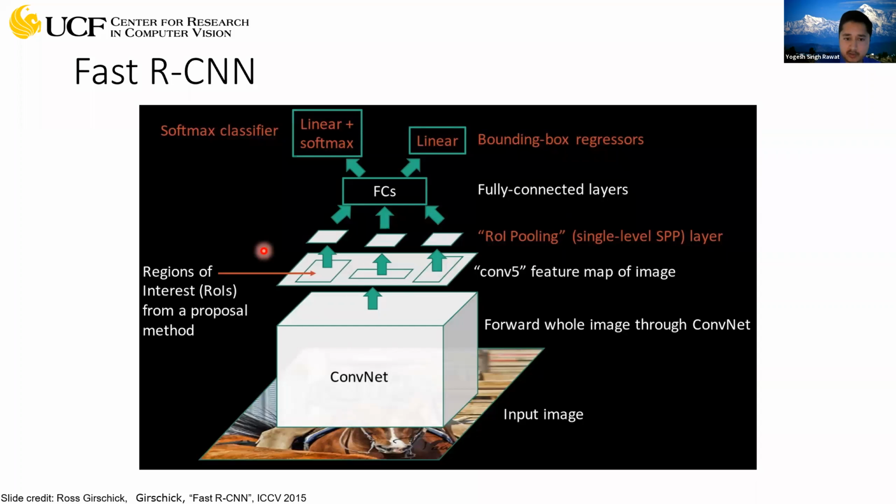So instead of doing this step on the image, we do this on the feature map. So this saves us a lot of time because now we don't have to run the ConvNet or the CNN feature extractor on each patch. We just run it once and extract the features from this feature map. So that's optimization number 1.